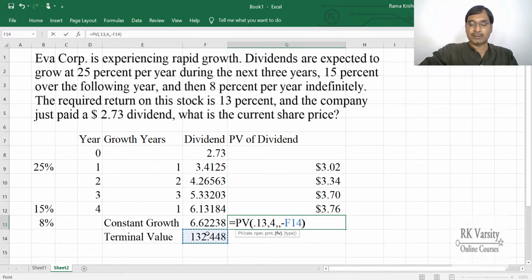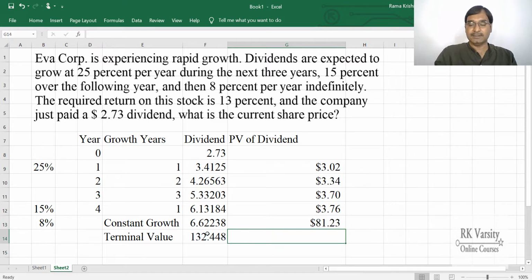Select this, close the bracket, press the enter key. The sum of all your dividends plus the terminal value equals 95.05. So the intrinsic value of this particular stock is $95.05. This is how you calculate the three-stage growth model in Microsoft Excel. Thank you.